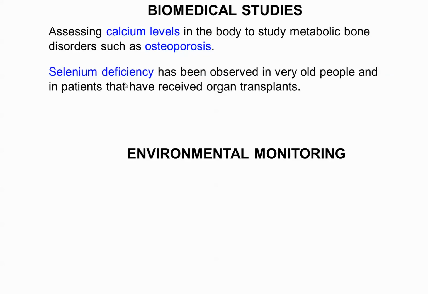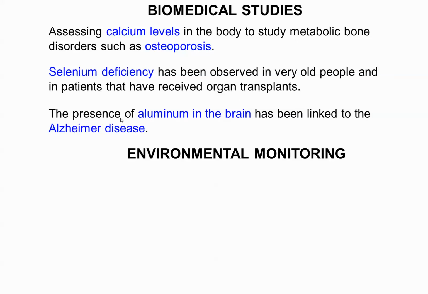It was found that selenium deficiency has been observed in very old people and patients that received organ transplants. The presence of aluminum in the brain has been linked to Alzheimer's disease.